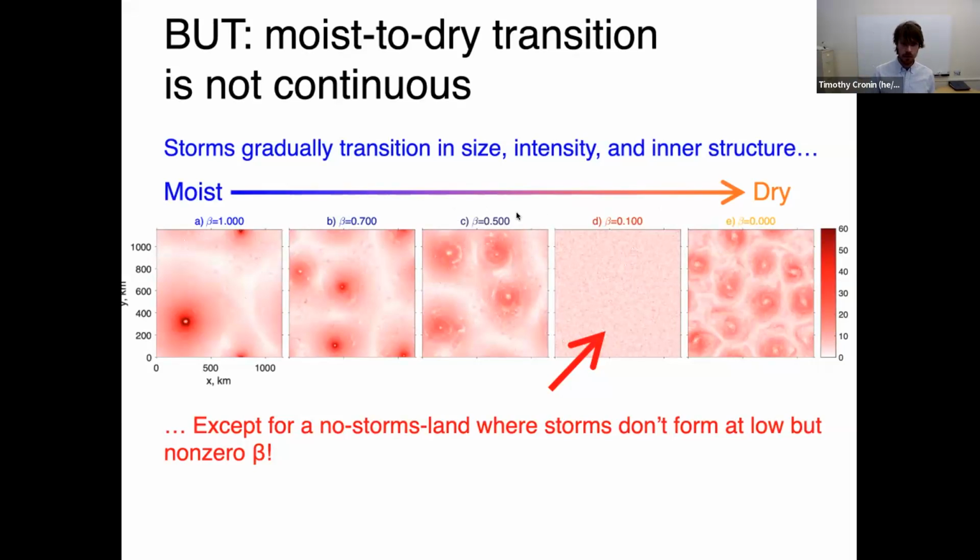And in that case, you do go continuously through this no-storms part of parameter space once you've formed cyclones. And similarly, if you form storms in dry space and then moisten the surface gradually, you also end up keeping those storms as you pass through this part of parameter space. So what we think is that this is a barrier to spontaneous genesis at low surface wetnesses, but not to storm existence at all.